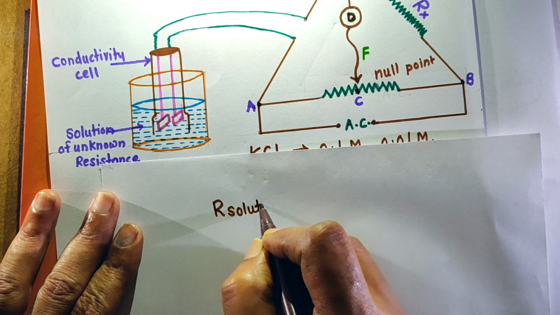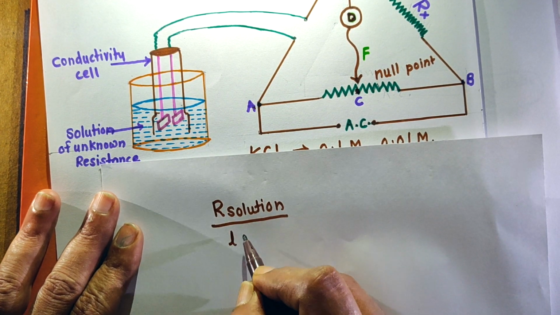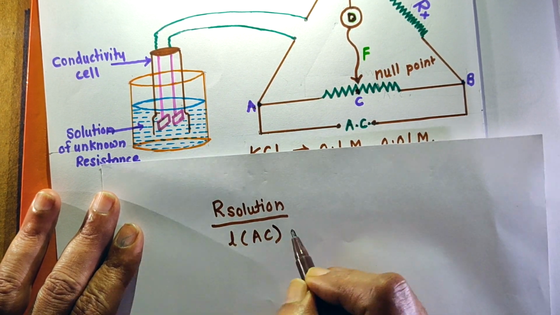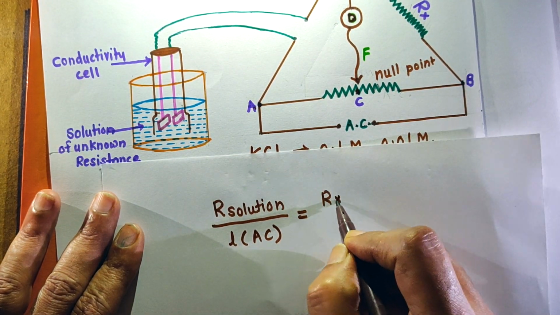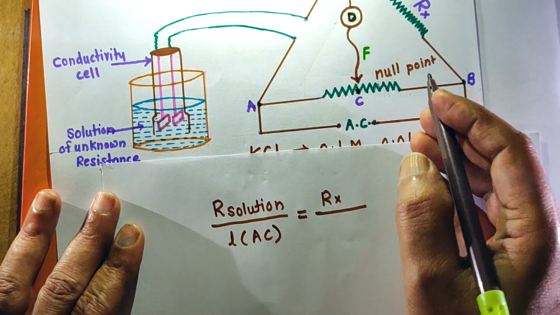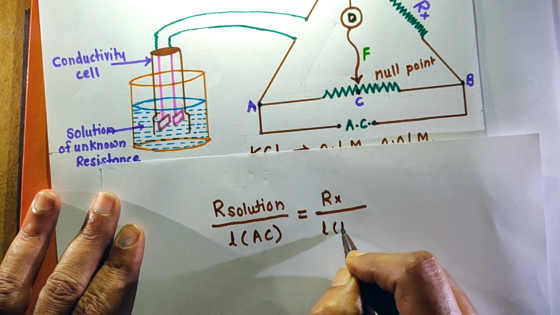So resistance of the solution upon length AC is equal to Rx, the value of Rx is known to us, upon length BC. So this is length BC.